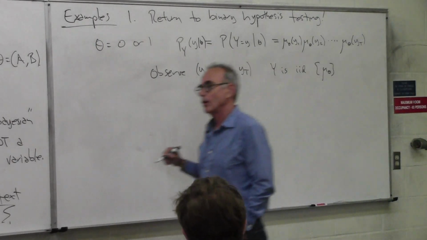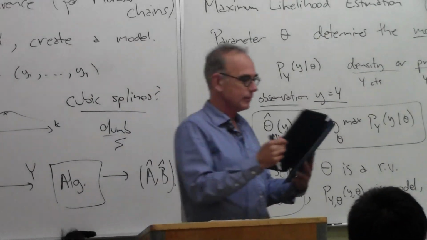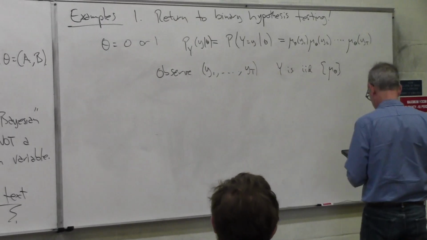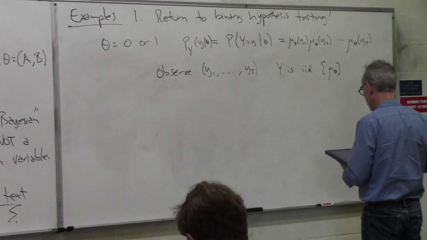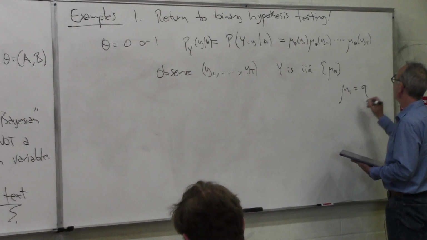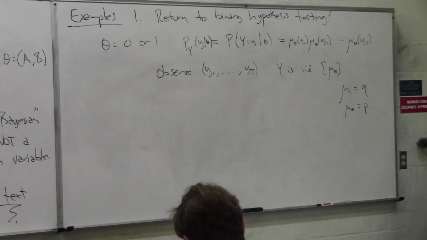And so in the notation previously, I want to make sure my ones and zeros are the same. I'm going to say mu1 is equal to what we called Q, and mu0 is what we called P.